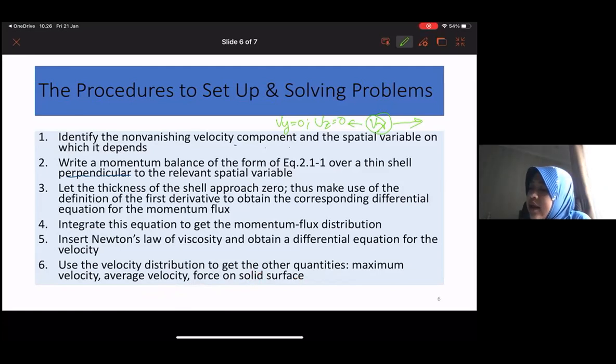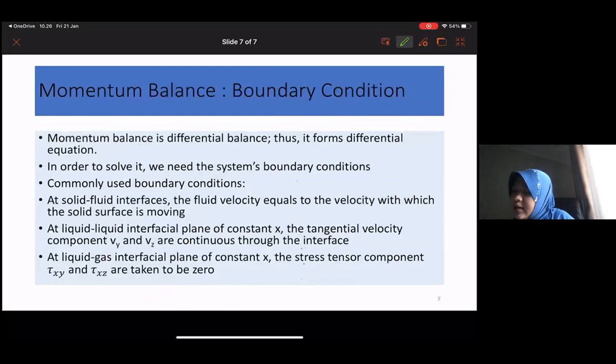Let's have a look one by one. The very important one is the boundary condition. The momentum balance is a differential balance, so it would form a differential equation. You may need this one, so try to remember or know where it is.